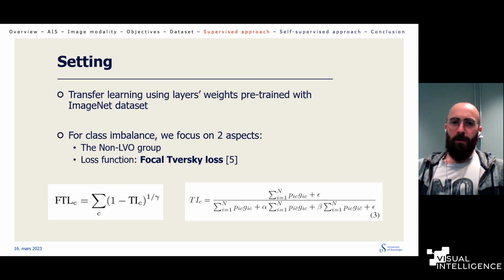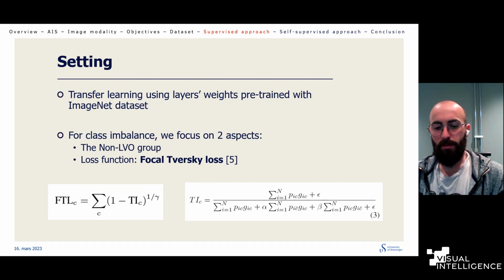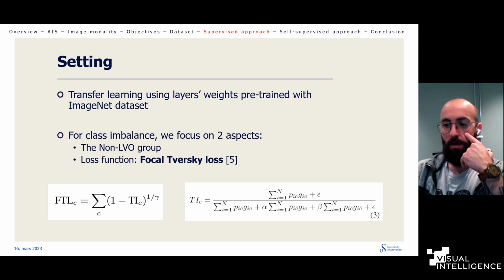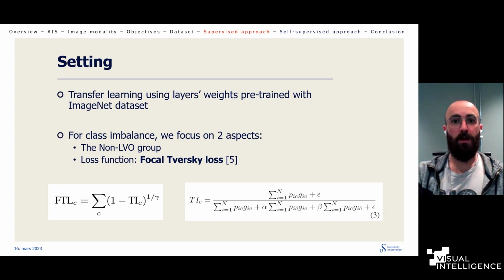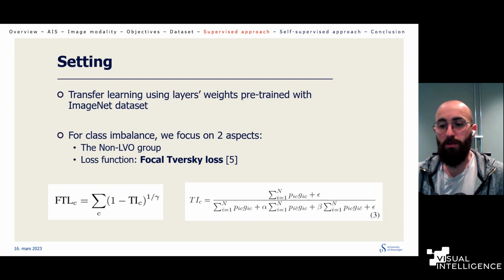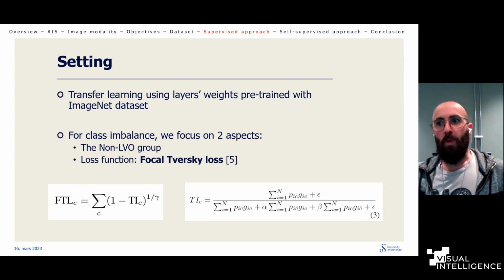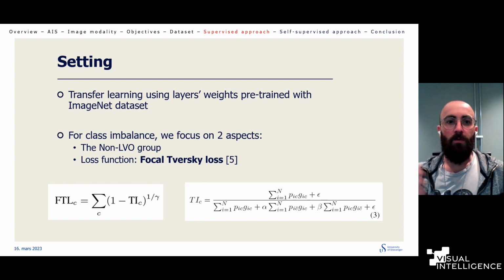We used a transfer learning approach because there were other papers in the literature trying to do the same, so we thought it might be a really good approach for us as well. The layers from the VGG16 were pre-trained with the ImageNet dataset. For the class imbalance, as you can see from the visual results from the previous paper, we have, as in any medical domain, class imbalance because the ischemic region that we focus on is really small compared to the overall picture.